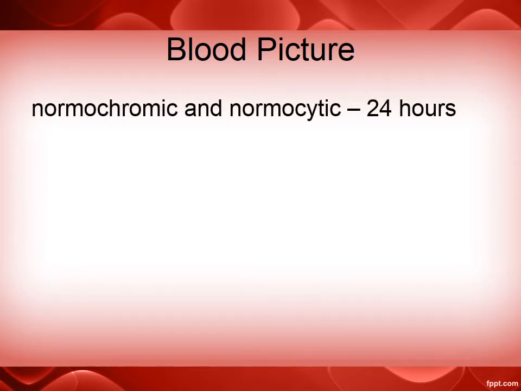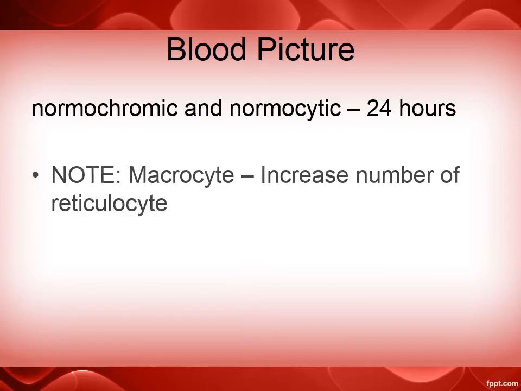Assuming that the patient with acute bleeding was healthy before the episode, the peripheral blood picture within 24 hours should be normochromic and normocytic, with normal red blood cell indices: the mean corpuscular volume or mean cell volume, mean corpuscular hemoglobin or mean cell hemoglobin, and the mean corpuscular hemoglobin concentration or mean cell hemoglobin concentration.